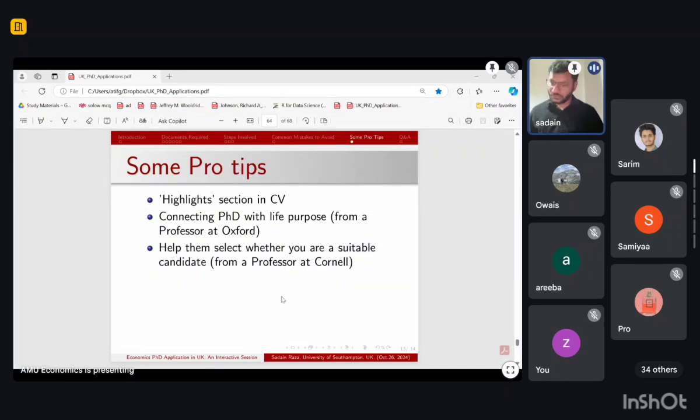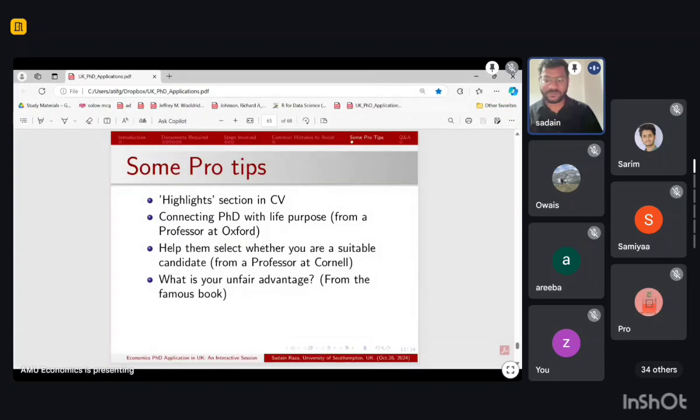Instead of showing that you are suitable, give them all the information transparently, and say very humbly that if the selection committee thinks I'm a suitable candidate, I will be happy to join the department, work under your supervision, and get the training.